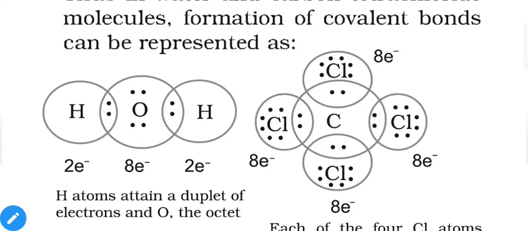So each chlorine will share 1 electron with carbon. So all of the 4 chlorines have 8 electrons around them now, and each electron is shared by carbon. So carbon also gains 8 electrons around it. So all of them have fulfilled their requirements.